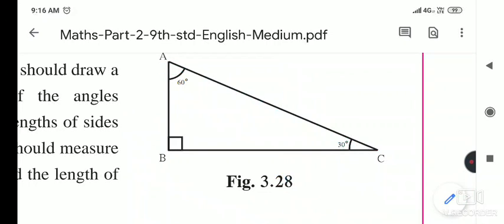From this construction you will understand that the side opposite to 30 degrees is half of the hypotenuse.